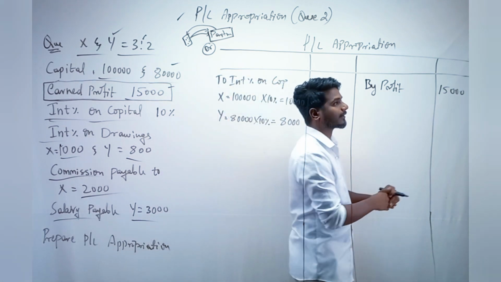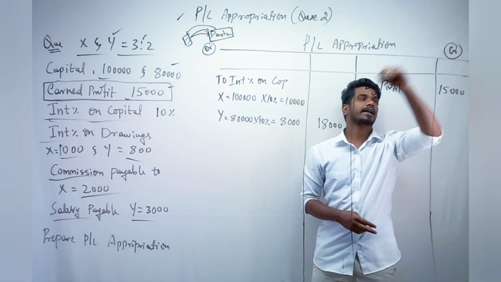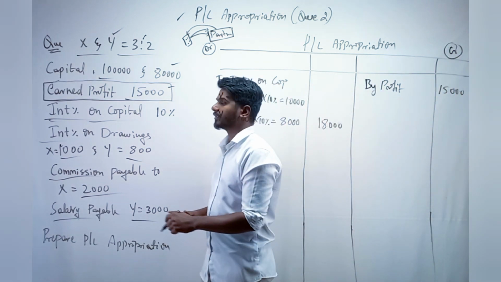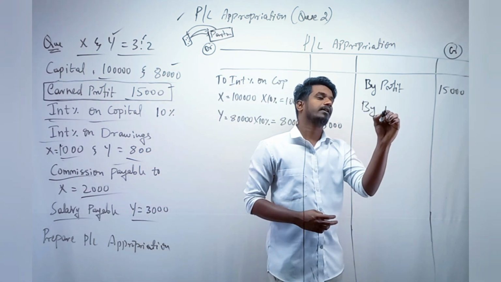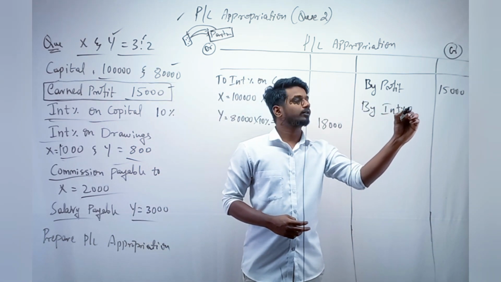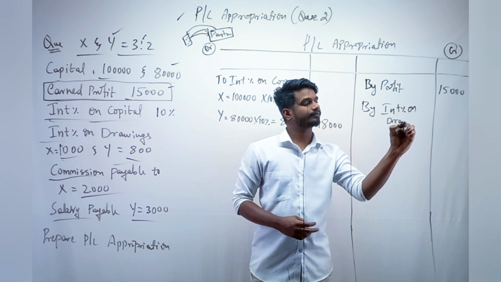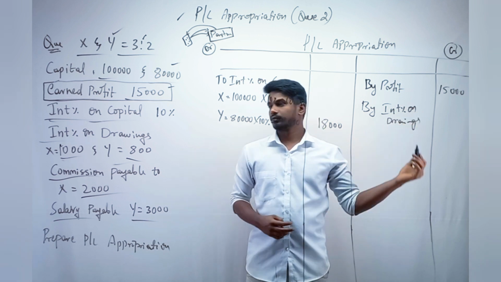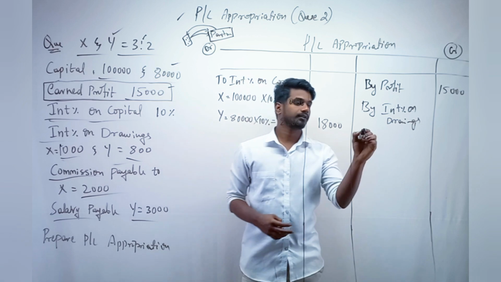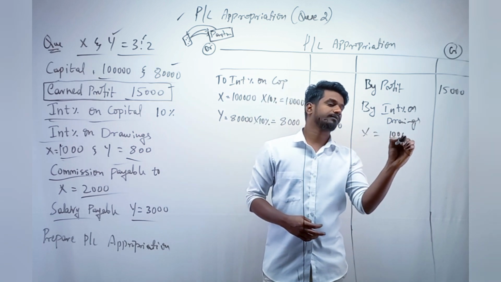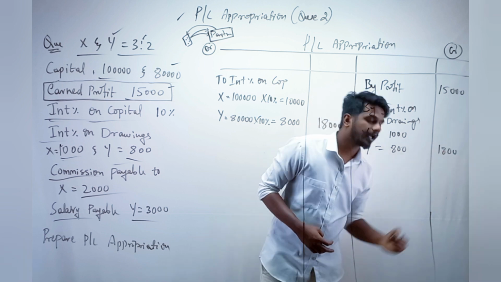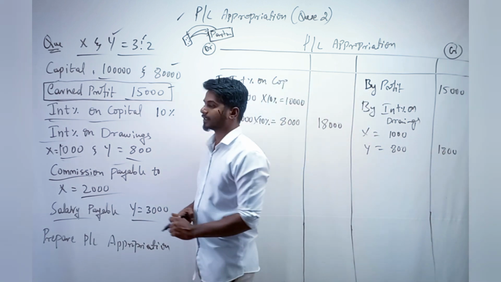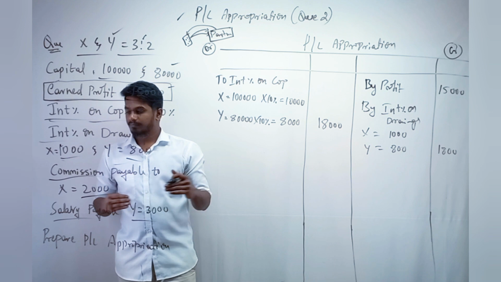So we will credit that. How much? 1,800. So by interest on drawings, for X it is 1,000, for Y it is 800, total 1,800.